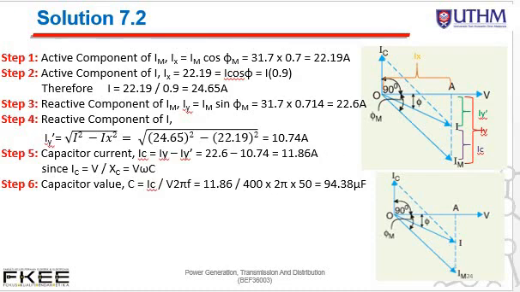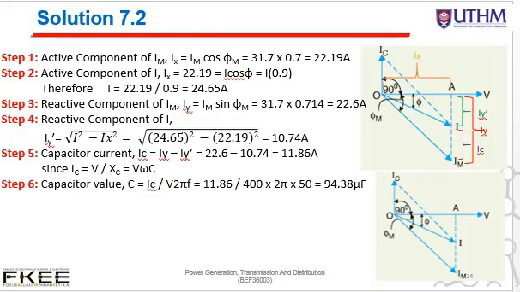In the final step, the capacitor value is calculated by rearranging the equation used to calculate the current flowing into the capacitor, bringing C to the left hand side of the equation and substituting the corresponding values of capacitor current, voltage and frequency in the equation. The calculated capacitor value is 94.38 microfarad.